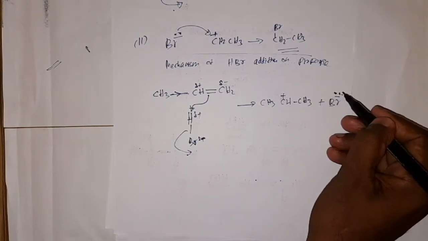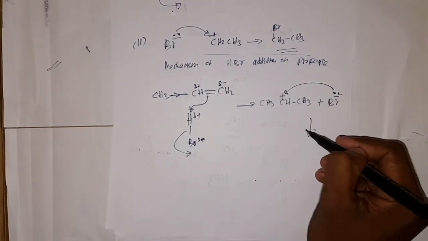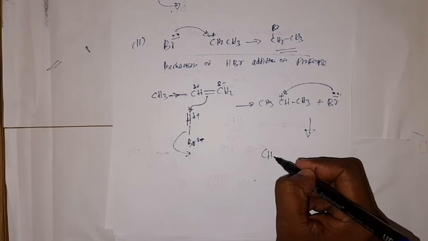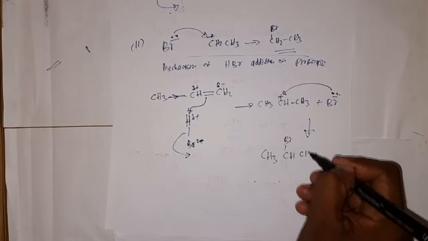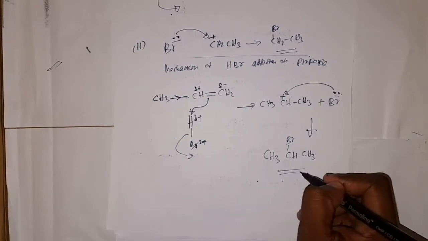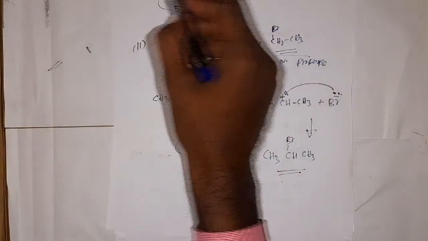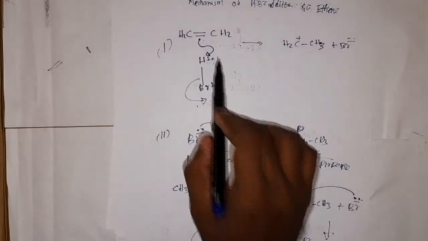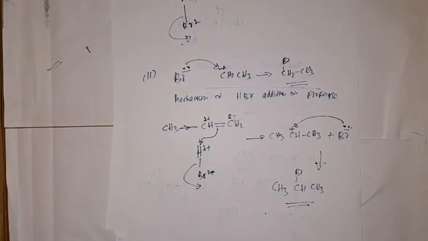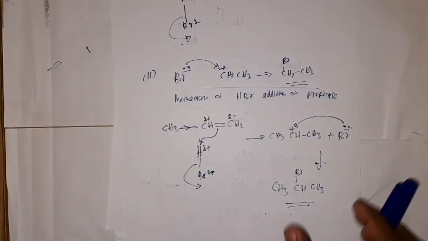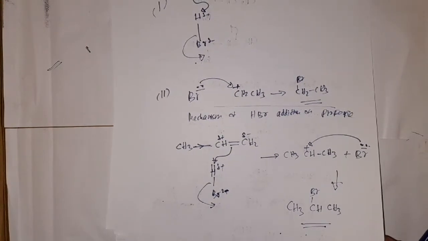At the second step, this Br minus attacks this one and the final result will be CH3 CH Br and here CH3. So this is the result and a two-step mechanism: first step and second step here, and also here. You have to clearly understand the mechanism of this addition of HBr on ethene and propene.